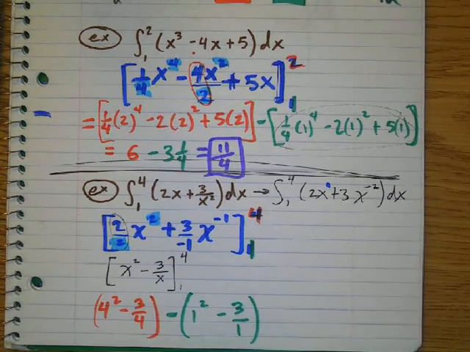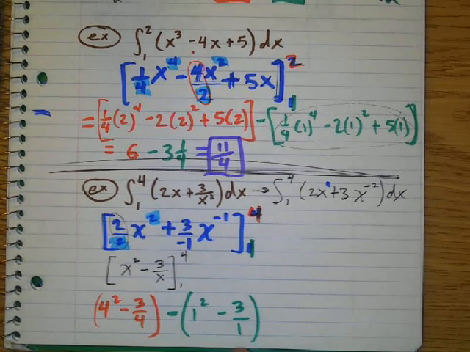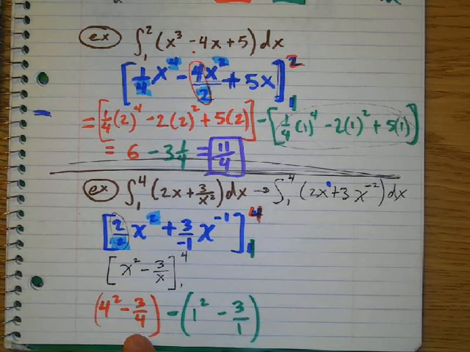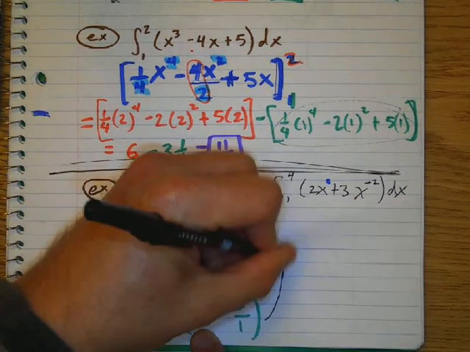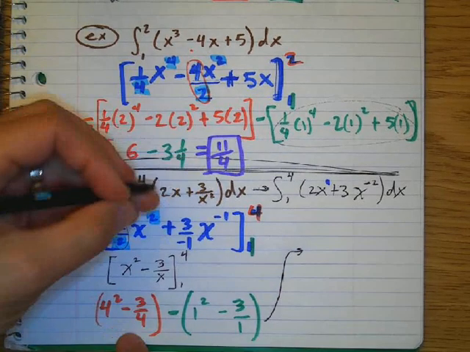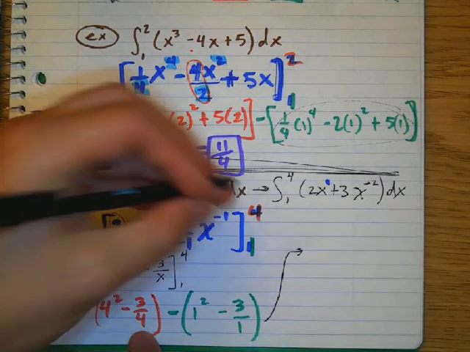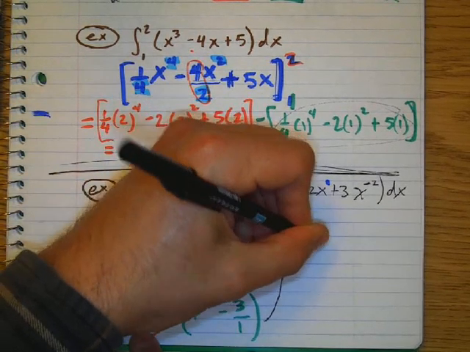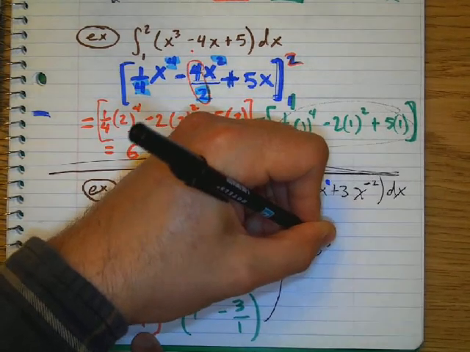And then we simplify this a little further. So this is 16 minus 3/4, which is going to give me 15 and a fourth.